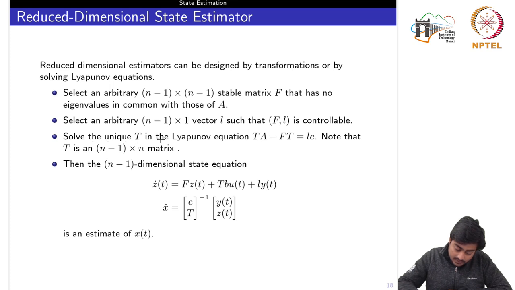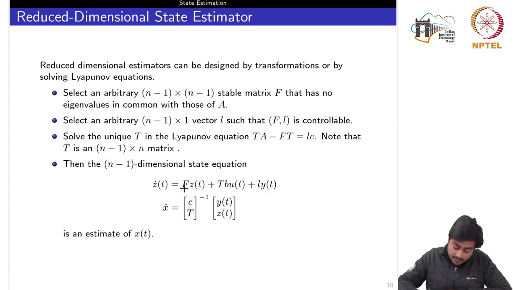Next we solve the Lyapunov equation to compute this matrix T of dimension n minus 1 cross n, and then finally by using the state equation we had seen earlier we can estimate this x hat. So here you would notice that the state equation of the observer, where the state variable is defined by z, remains the same.